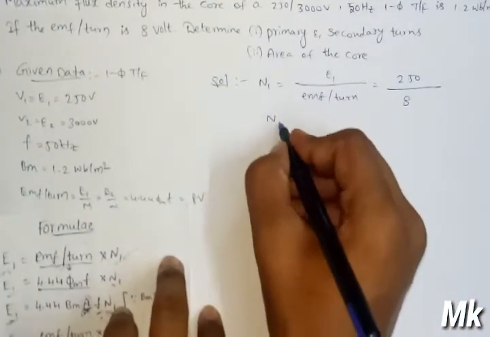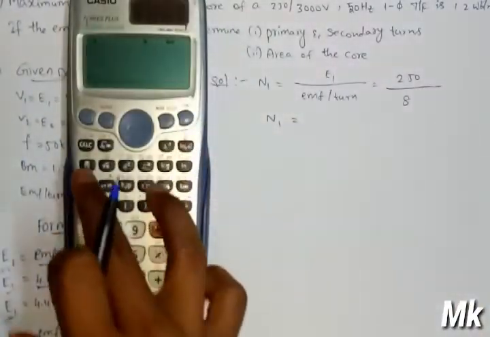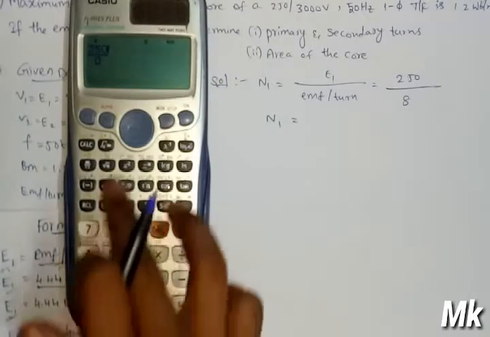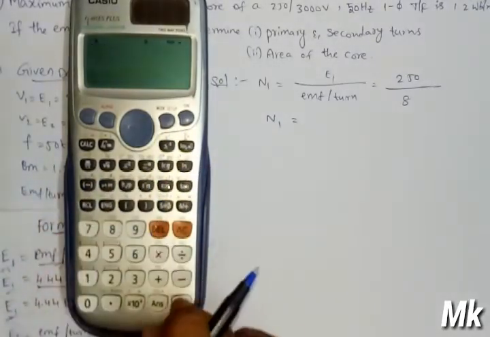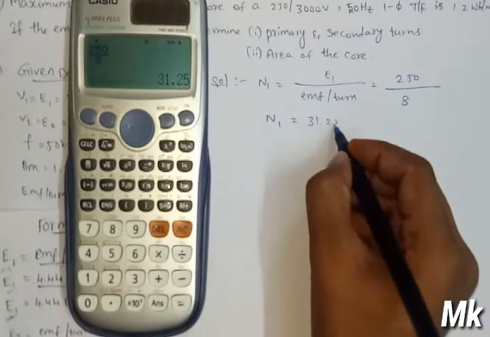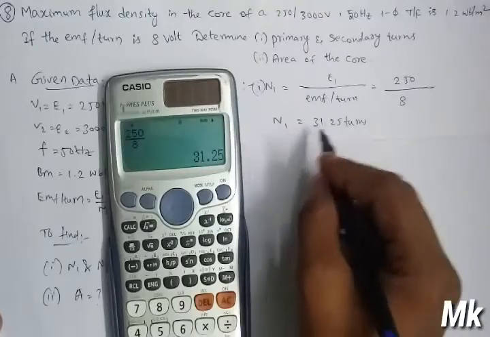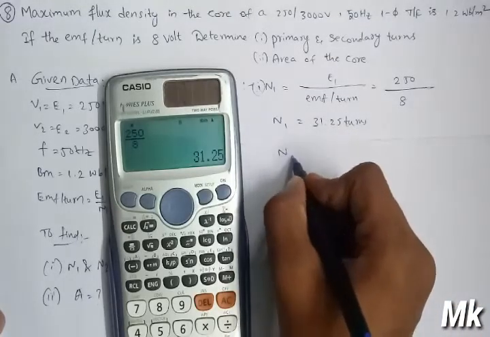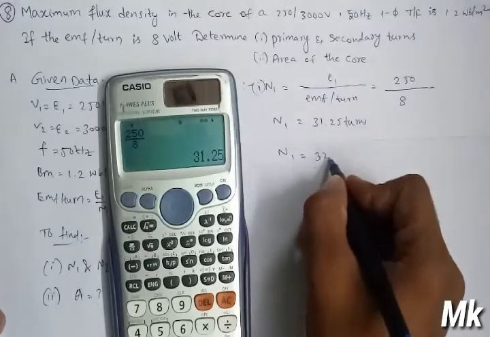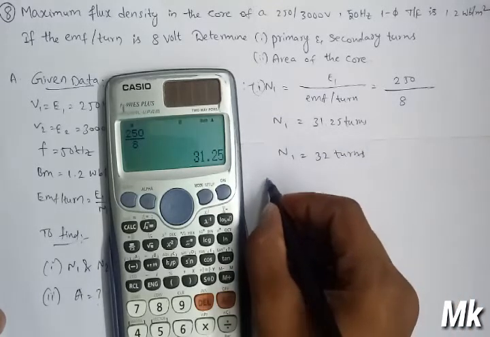Then N1 is 250 by 8, that gives 31.25 turns. Turns are not in fraction, so N1 is equal to 32 turns.